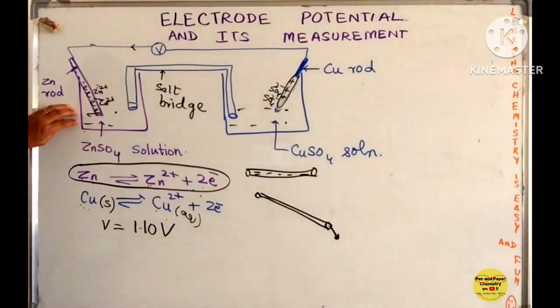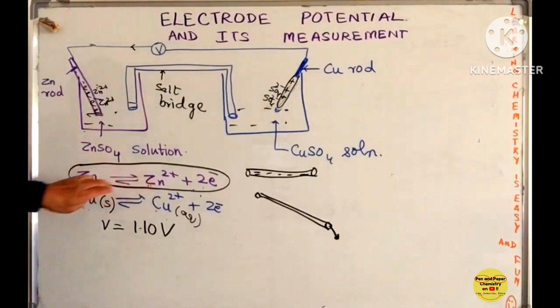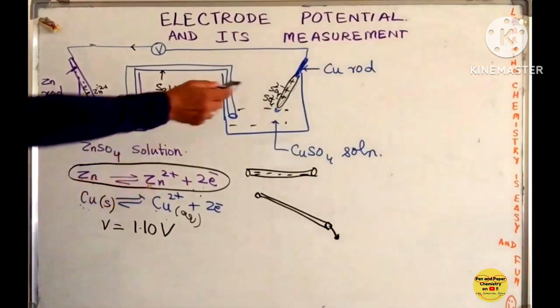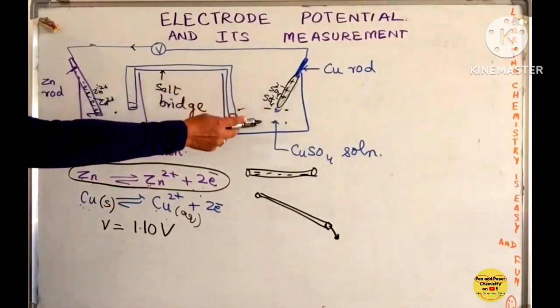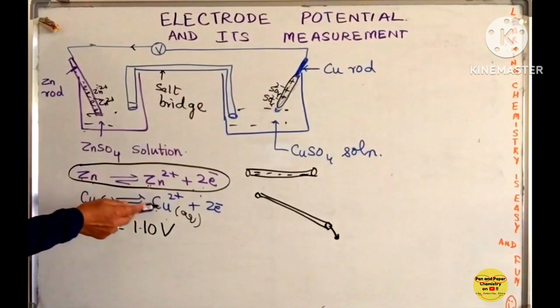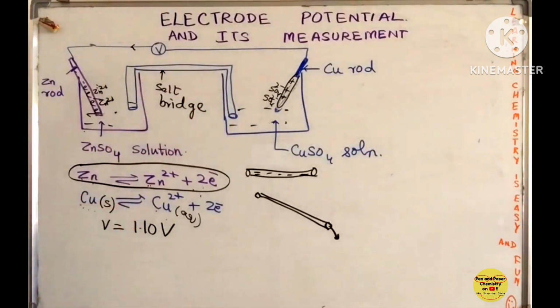Zinc rod is at a certain potential because of the equilibrium between the metal and the ions. There is a potential due to the equilibrium between copper metal and its ions. The two are at different levels.